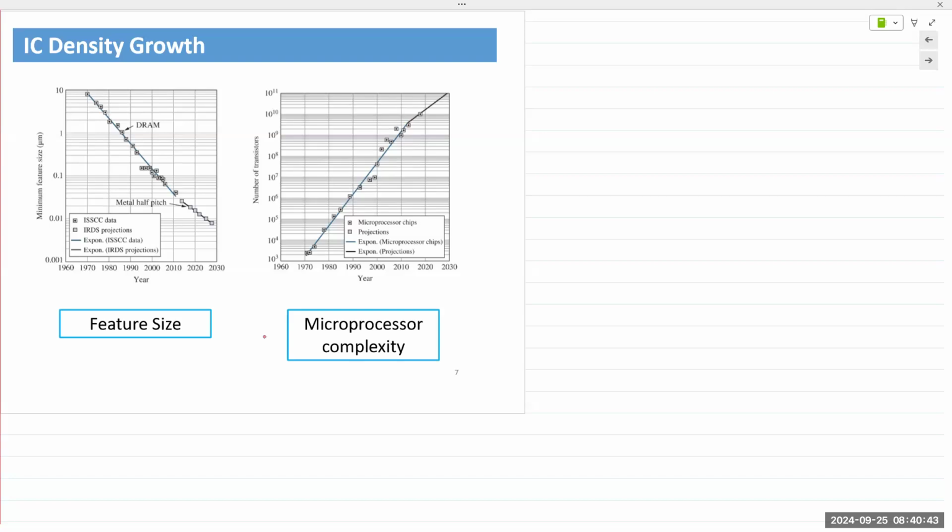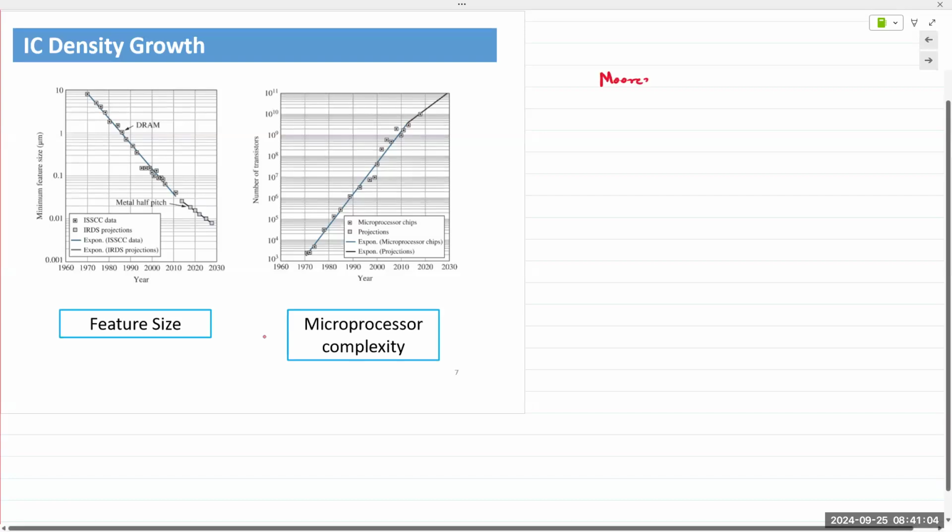So he made a prediction that every 24 months, the number of transistors that we see in the silicon die will double. And that came to be coined and known as a law, which I kind of disagree with. It's not a law, it's more like a prediction or a theorem, but it's more famously known as Moore's law.